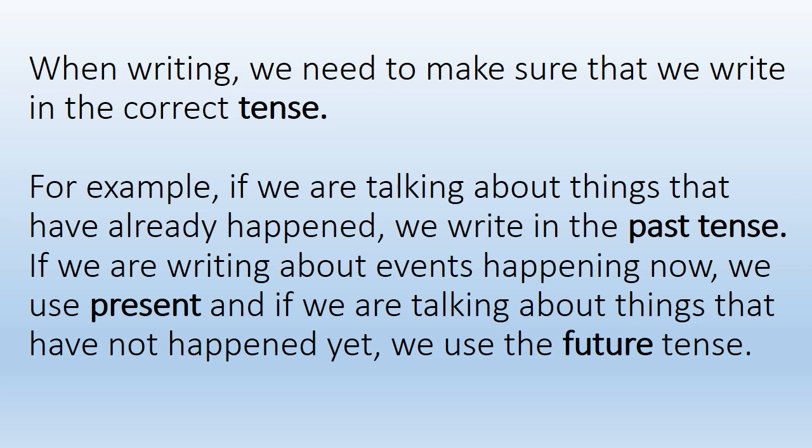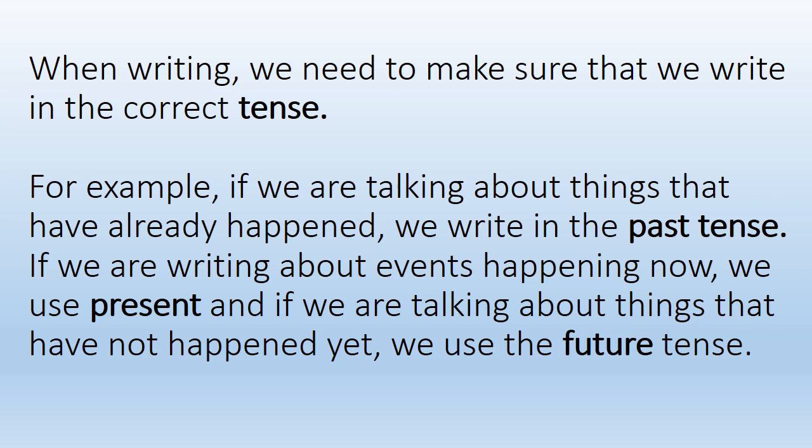So when we're writing, we always need to make sure that we're writing in the correct tense. So for instance, if we're talking about things that have already happened, if we were writing a newspaper report or a recount, we would write in the past tense to show that it has happened in the past. If we're writing about things that are happening now, so maybe like in a diary entry, we would use the present tense and talk about it as if it was happening to us right now.